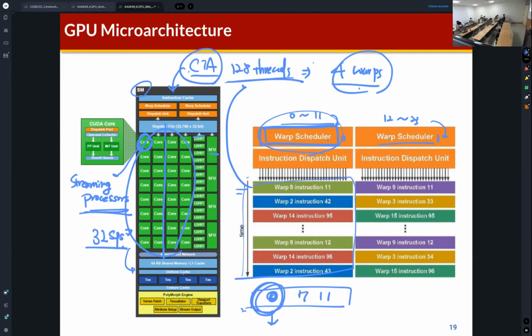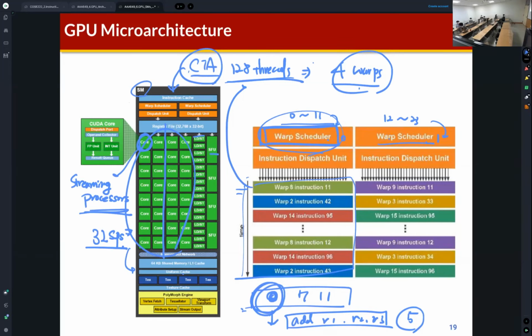For example, if warp 0 executes add R1, R2, R3, then by the latency of the instruction, this warp will take some cycles, let us say 5 cycles for the add instruction. So what does that mean? While warp 0 is being executed, warp 0 cannot be executed again because of the latency of the SP.